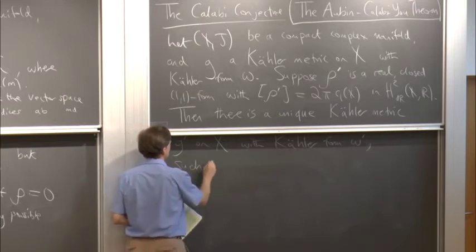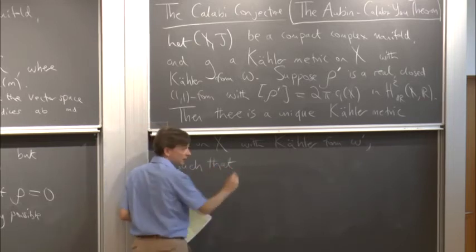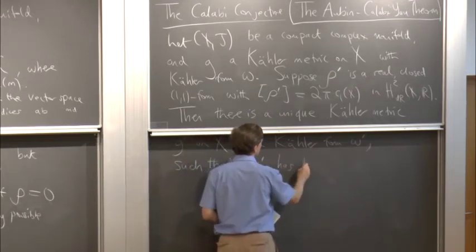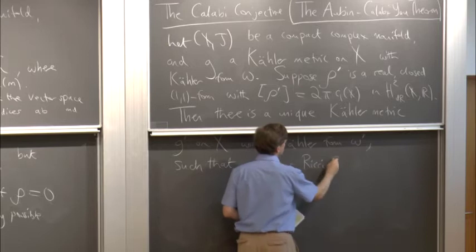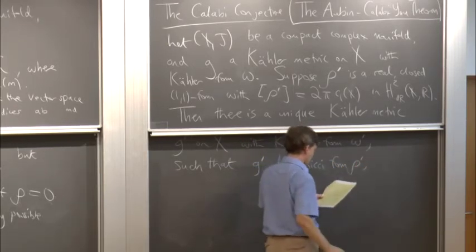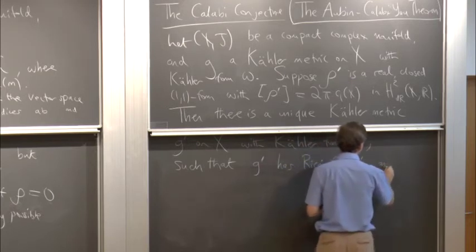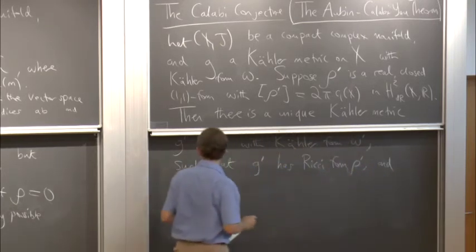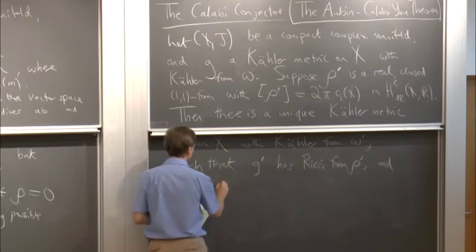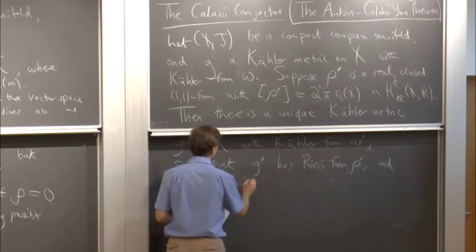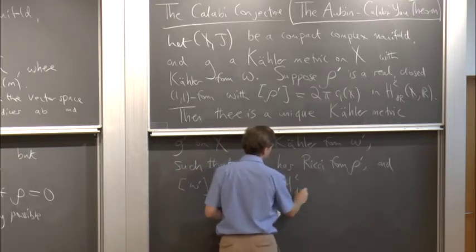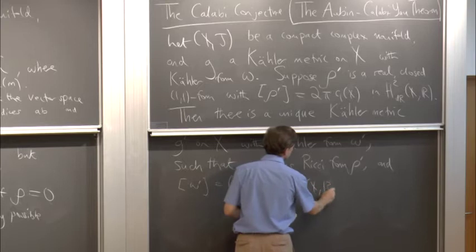Firstly, g prime has Ricci form rho prime, and the second condition is that the bracket of omega prime equals the bracket of omega in the second de Rham cohomology of X.